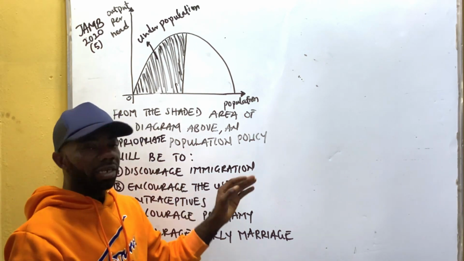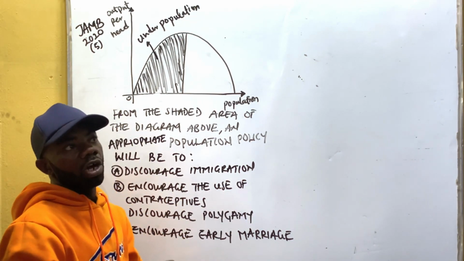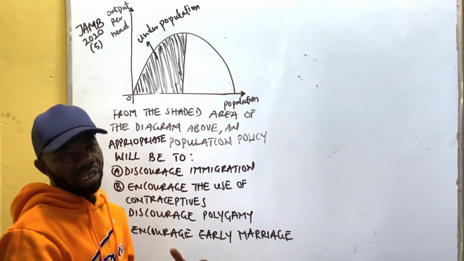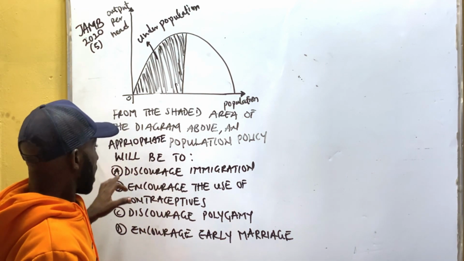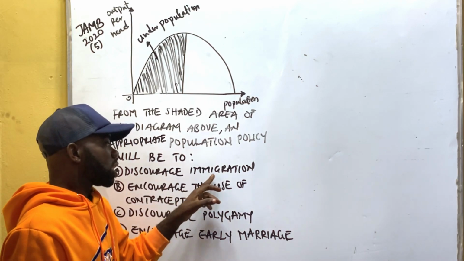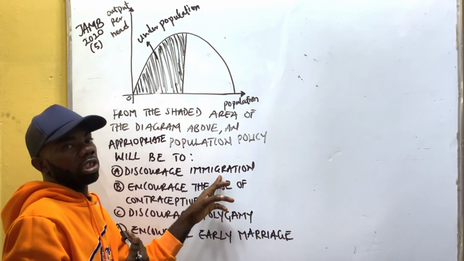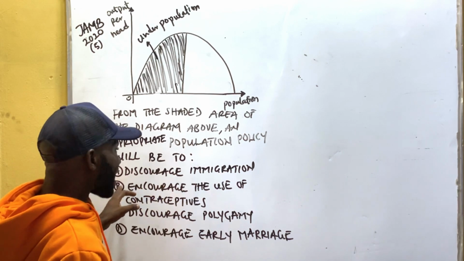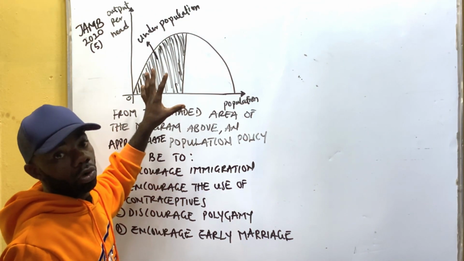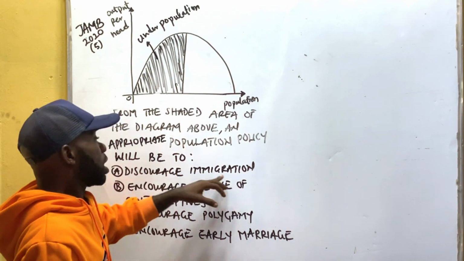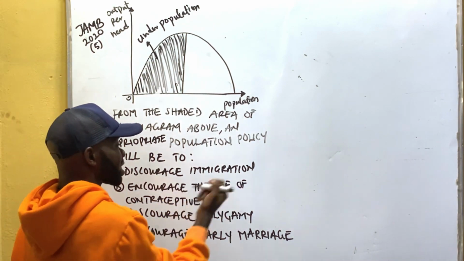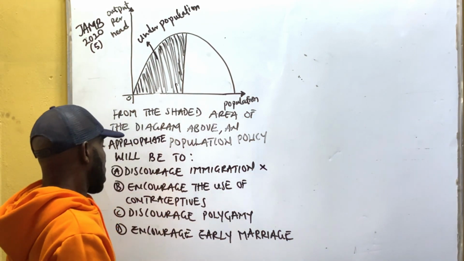When we discourage that, it means we're going to introduce a lot of restrictions. If it has to do with traveling documents, we make the process difficult. And that reduces the number of people coming into a country. That's not going to help the country's population grow. It's going to help it reduce because they need more, and now they're putting a lot of restrictions. So this cannot be our answer.